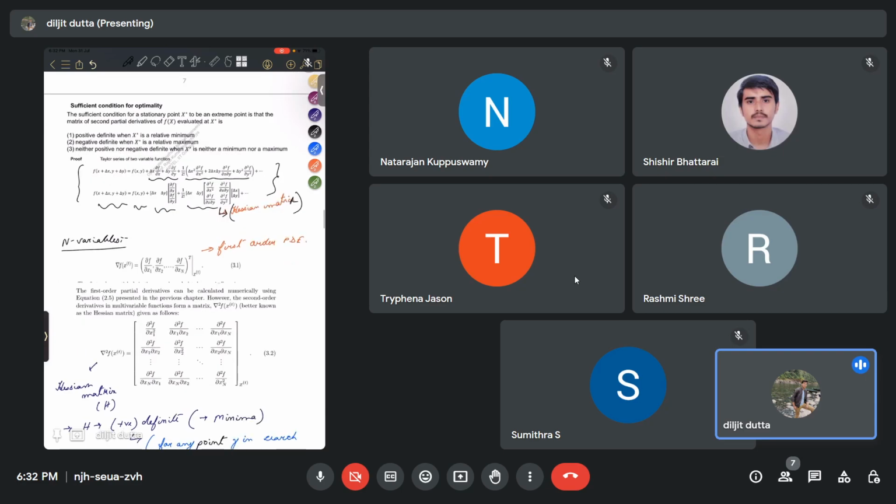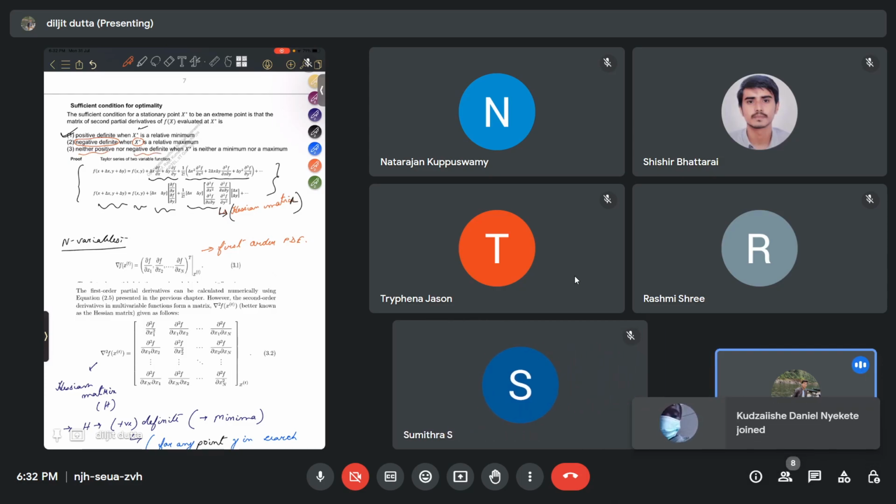Based on the nature of the Hessian matrix, we will have a minima, maxima, or an inflection point. If the Hessian matrix is positive definite, then x star is a relative minima. If the Hessian matrix is negative definite, then x star is a relative maxima. If it is neither positive nor negative definite, then x star is neither a minima nor a maxima.